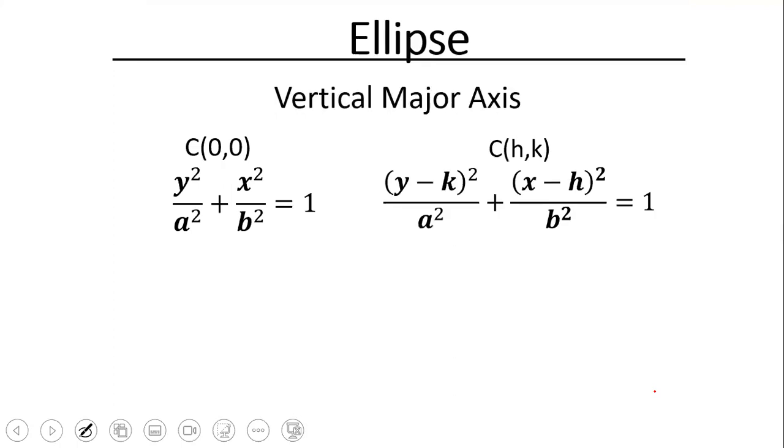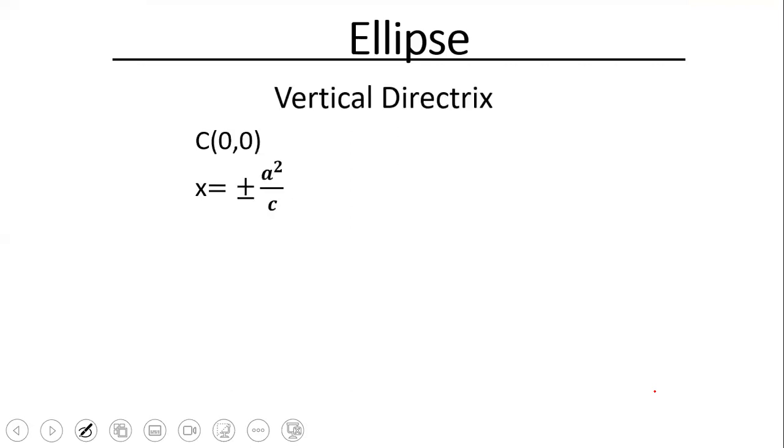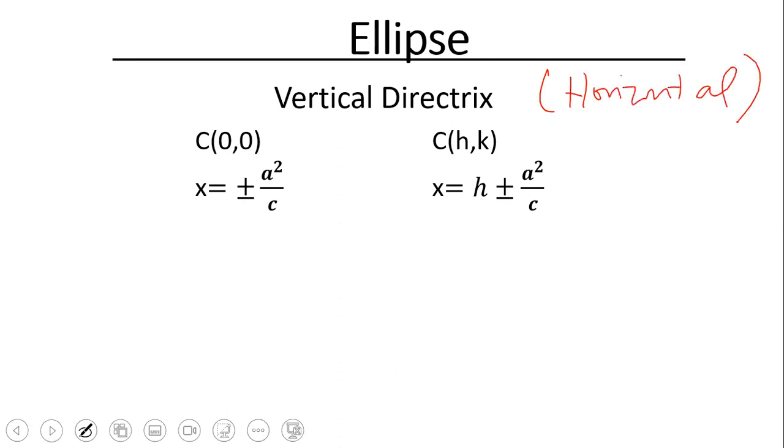And the major axis, which is flashed on your screens. Okay. We also have the directrix. So, for the vertical, the horizontal major axis, the horizontal.